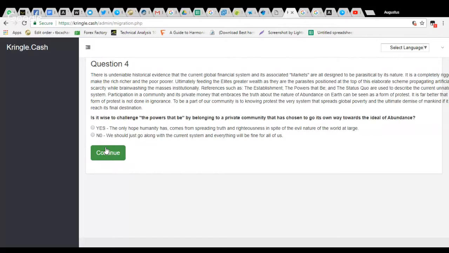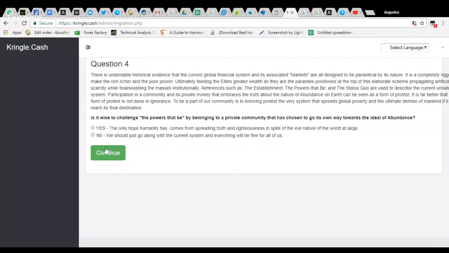It is completely rigged, making the rich richer and the poor poorer, ultimately feeding the elite greater wealth as they are the parasites positioned at the top of this elaborate scheme, propagating artificial scarcity while brainwashing the masses constantly. References such as the establishment, the powers that be, and the status quo are used to describe the current system.